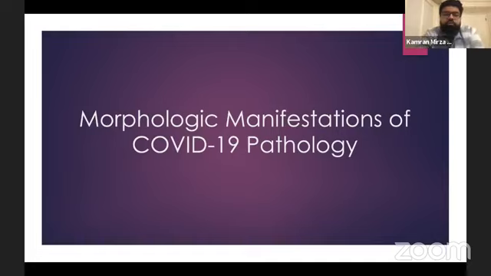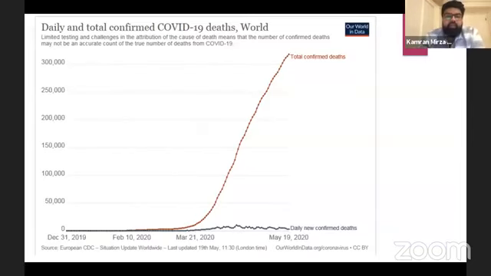All right, so specifically today, I wanted to talk about morphologic manifestations. So what do we see under a microscope, or what do we take a look at when we're dealing with cases of COVID-19 pathology? And this actually goes hand in hand in the laboratory with obviously our understanding of the PCR of the disease as well. And naturally, none of the people in the audience will be any type of stranger to this information.